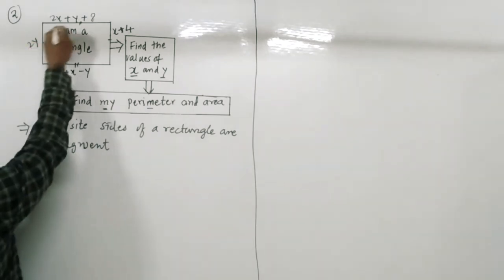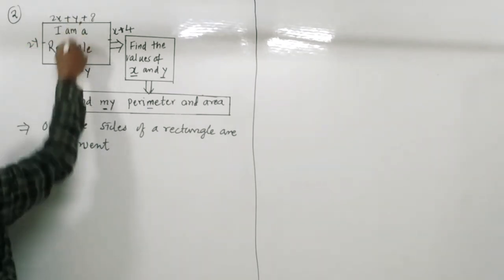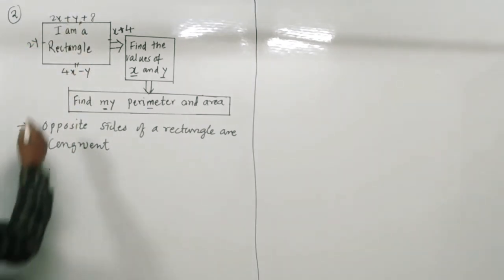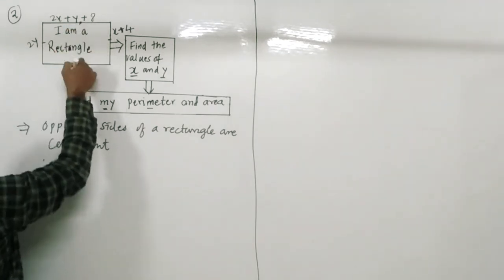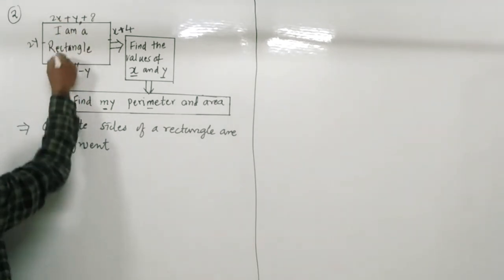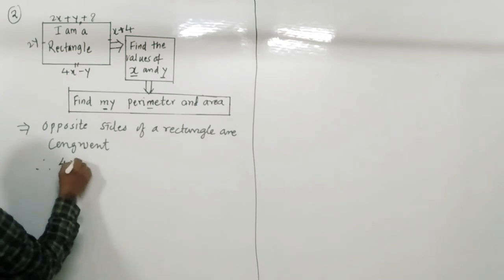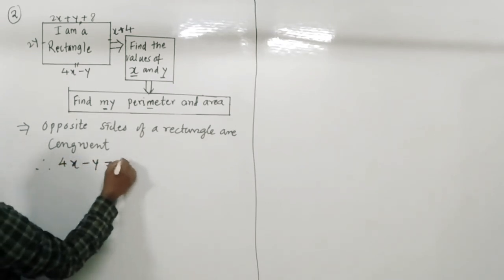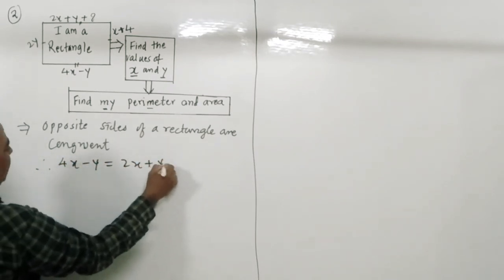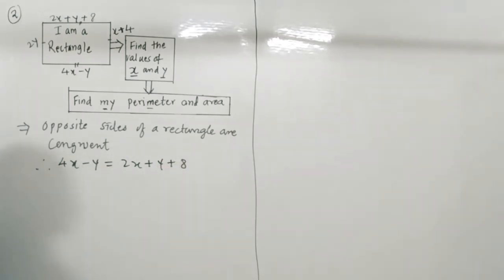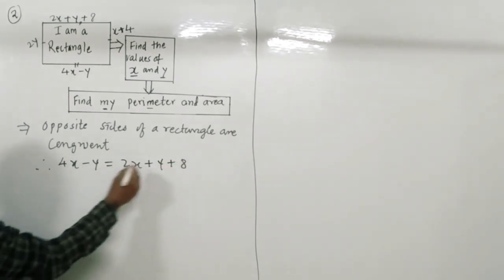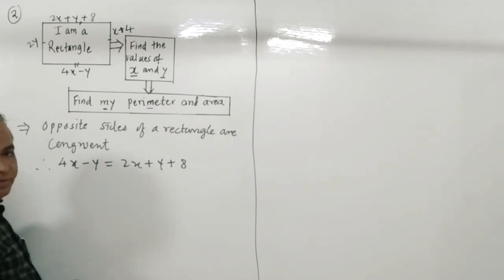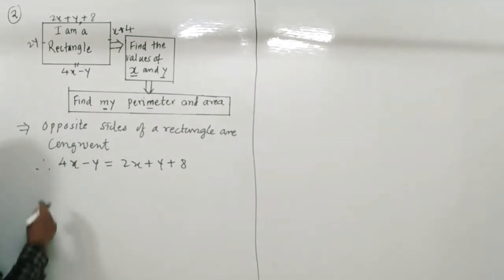Therefore, here we'll get the first condition, that opposite sides are congruent. So the lengths of the rectangle are equal. So 4x minus y is equal to 2x plus y plus 8. This is the first condition given, that opposite sides of the rectangle are congruent.